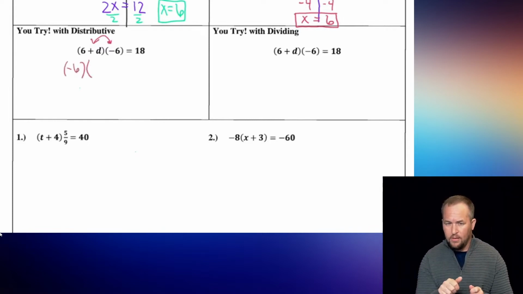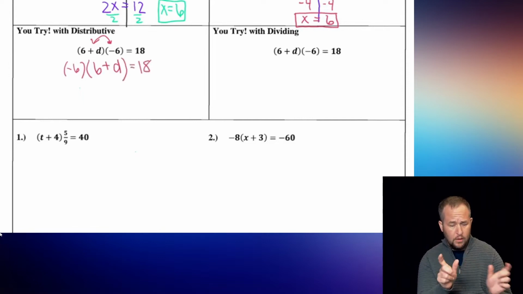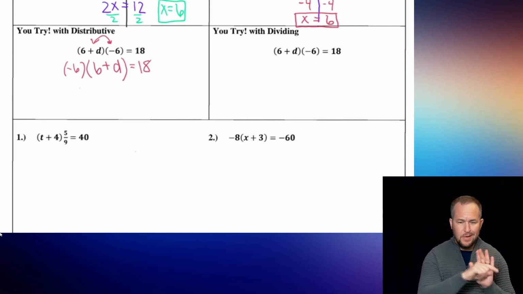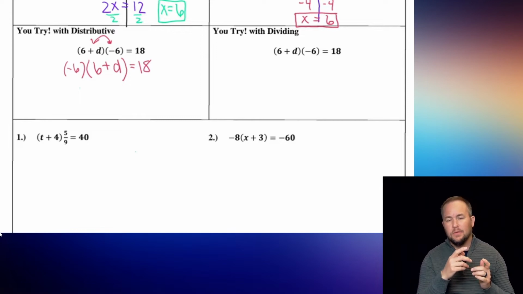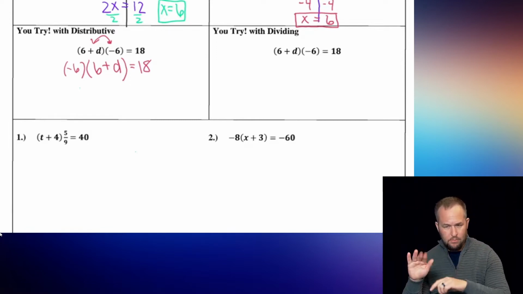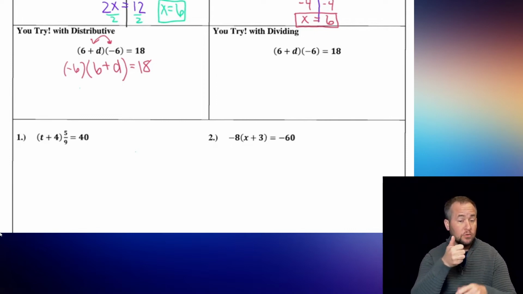So -6 times 6 plus the variable d equals 18. You don't necessarily have to, but then we can see that -6 is on the outside of our equation, that is what we distribute, and that's what we divide by. So go ahead and pause the video, work out both of these answers, and we should end up with the same thing, working it completely differently. So go ahead and pause.